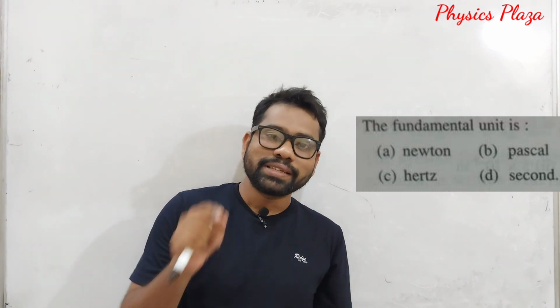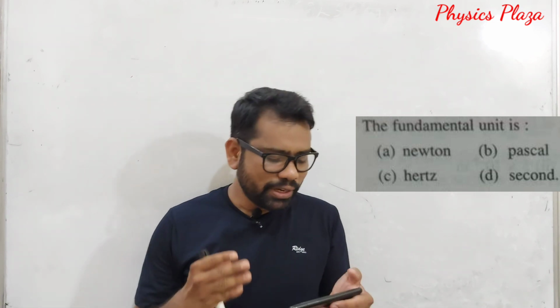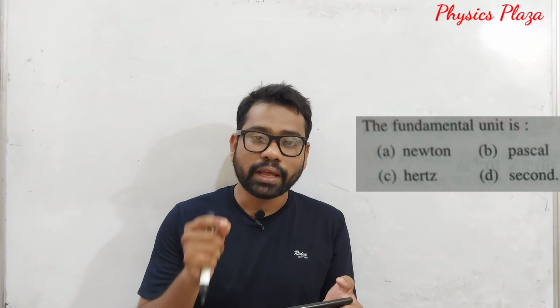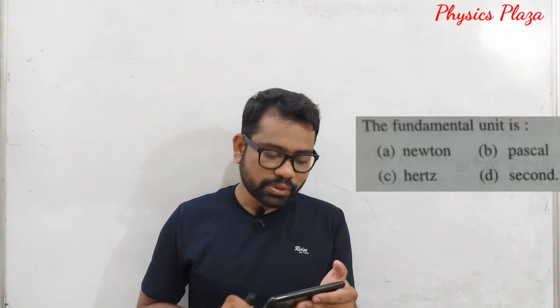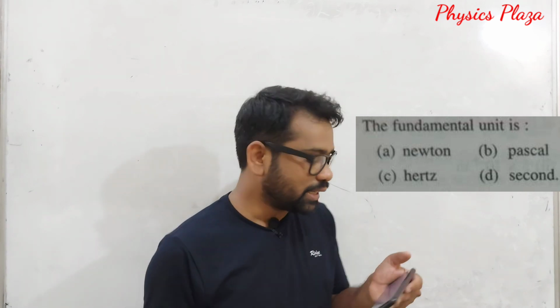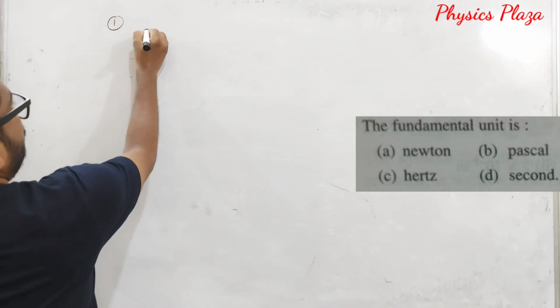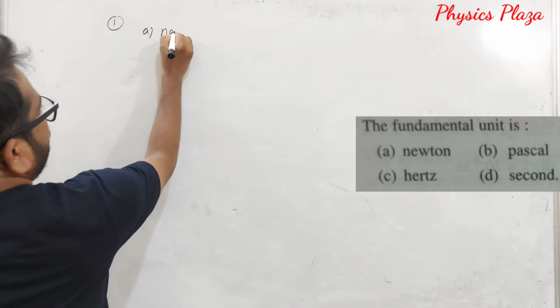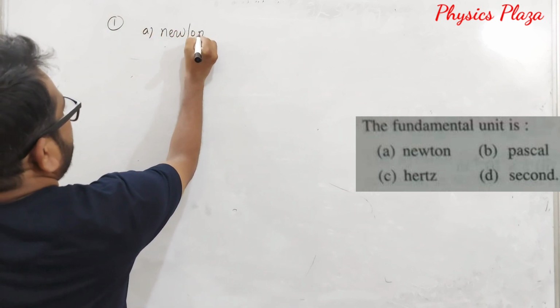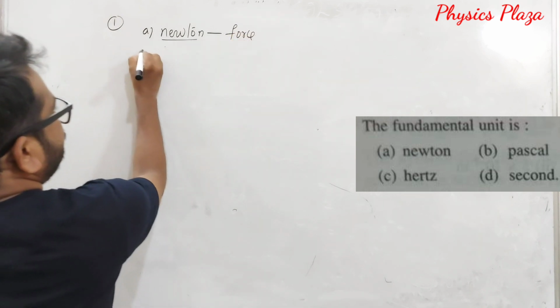No doubt about it, second is a fundamental unit actually. But teacher, let us think about the other units also. What actual options are given? The first option is Newton. Newton is the SI unit of force, a derived unit.